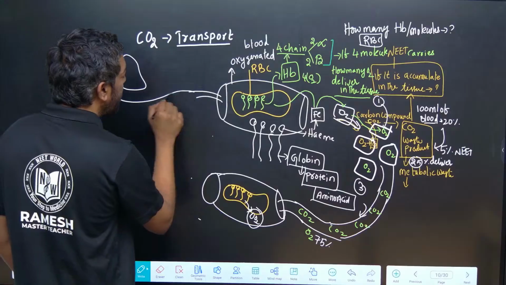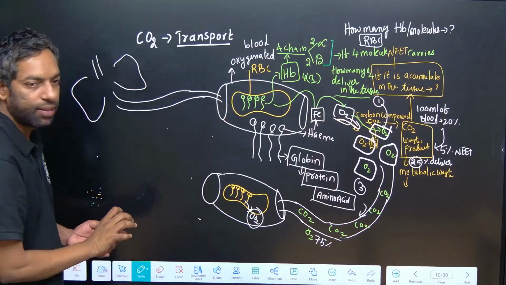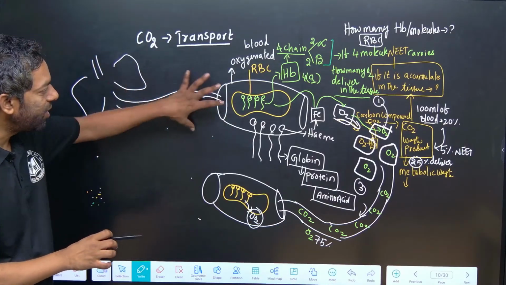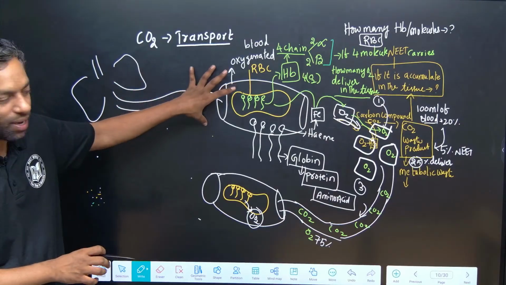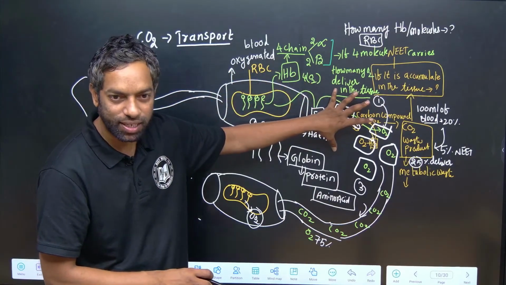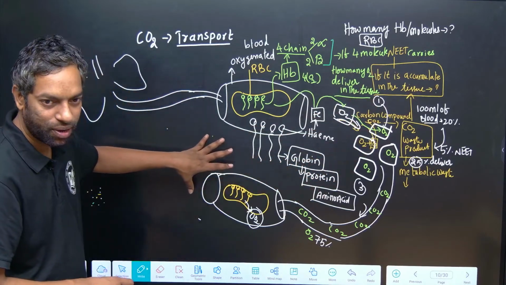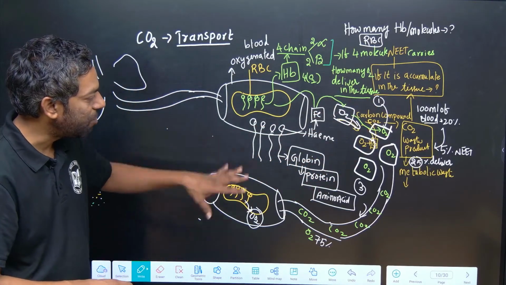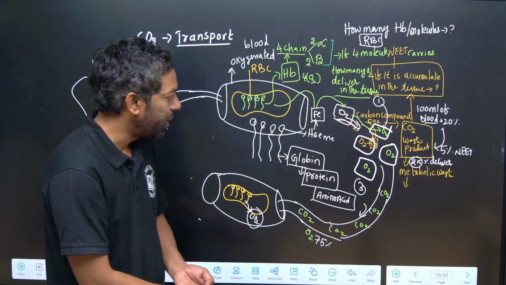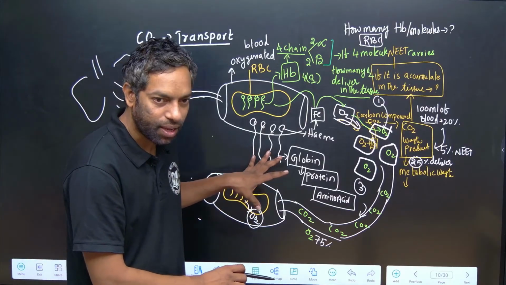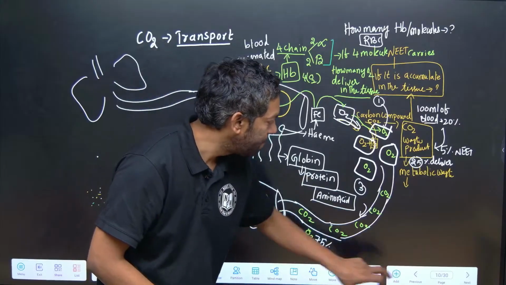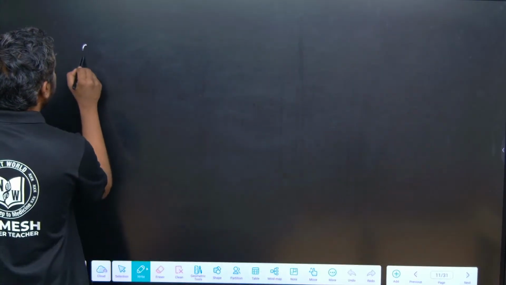Exchange of gases in the two media, from the lungs to blood, blood to tissue, oxygen transport is done. Okay? So, I am going to now discuss carbon dioxide transport. Up to here clear? Right? Clear? Yeah. CO₂.